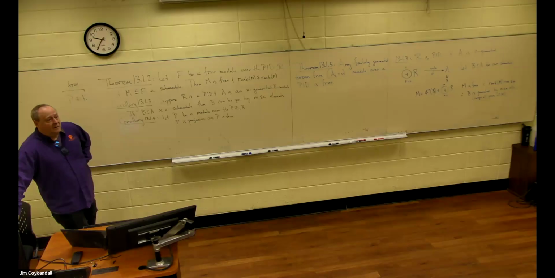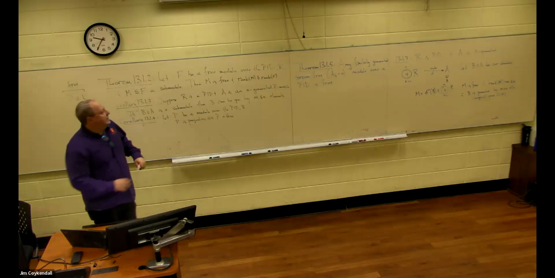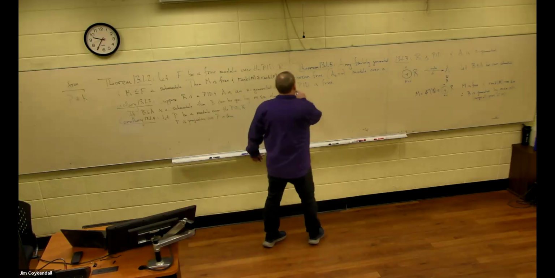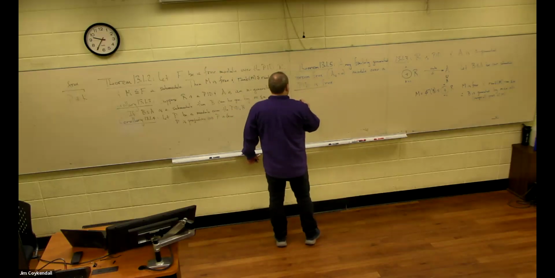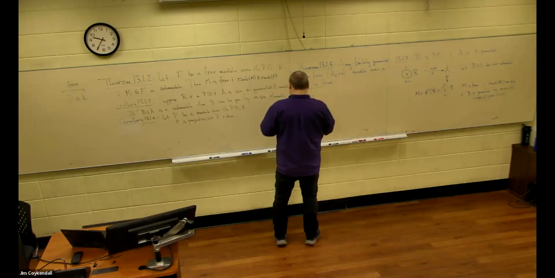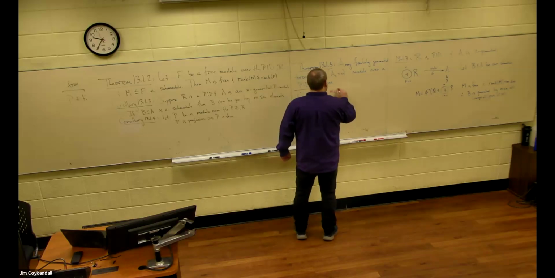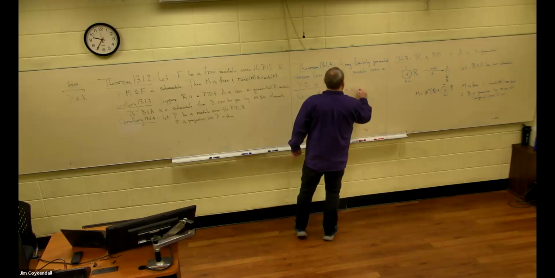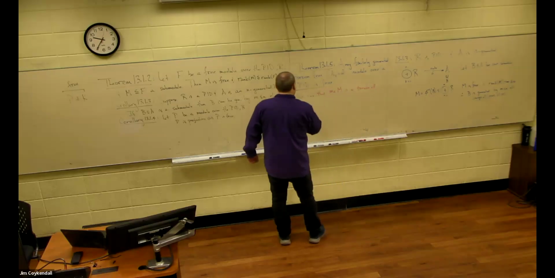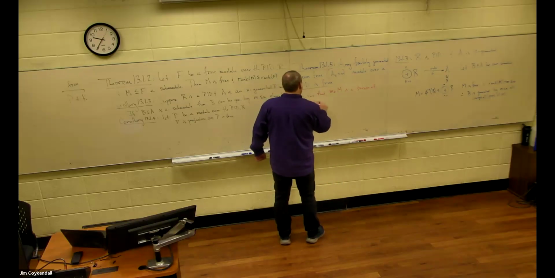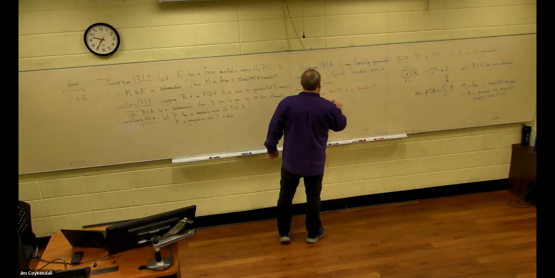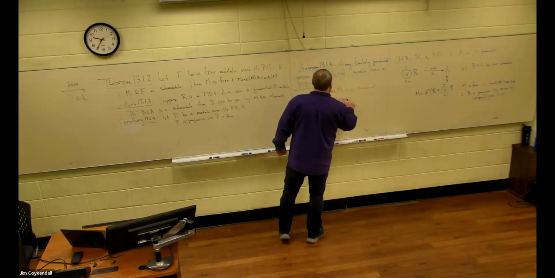What's a torsion again? Torsion means: we say that an element m in M is a torsion element if there exists a non-zero r in R such that rm equals zero.